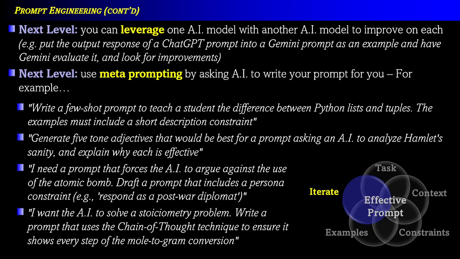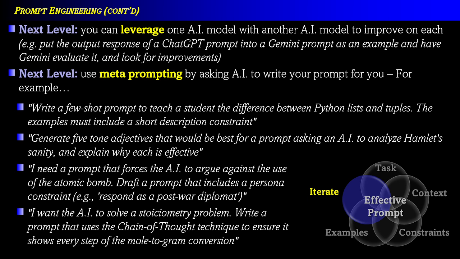So let's take a look at some examples. Write a few-shot prompt to teach a student the difference between Python lists and tuples. The examples must include a short description constraint. Generate 5 tone adjectives that would be best for a prompt, asking an AI to analyze Hamlet's sanity and explain why each is effective. I need a prompt that forces the AI to argue against the use of the atomic bomb.